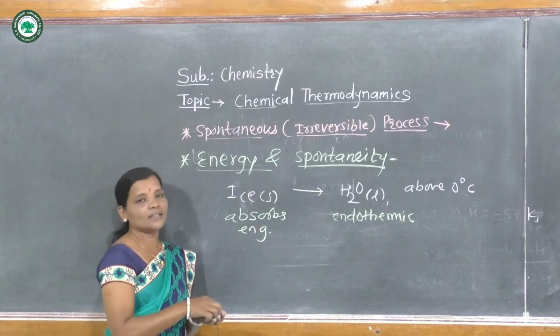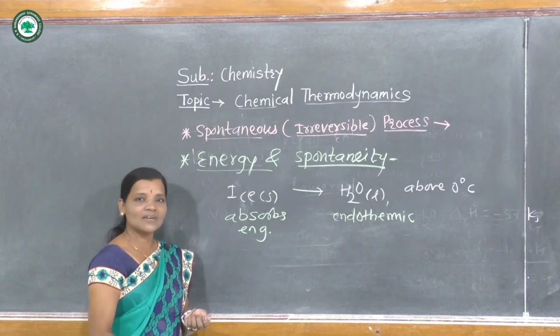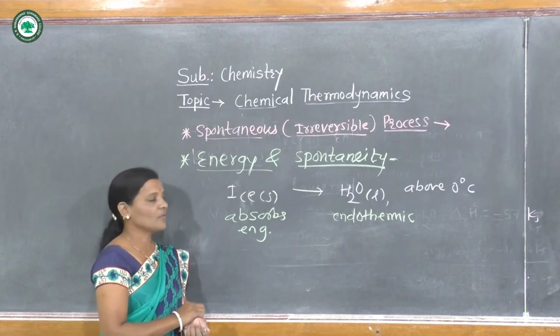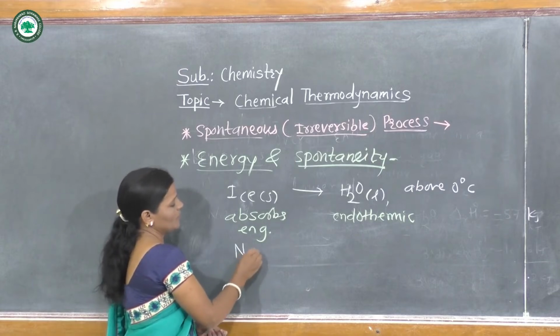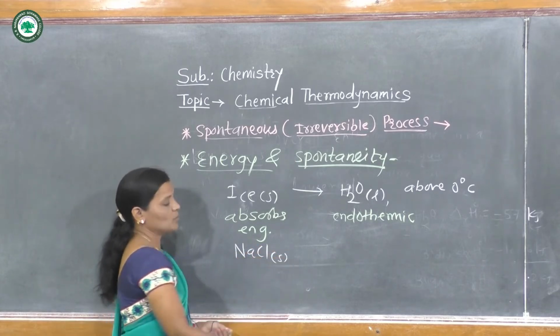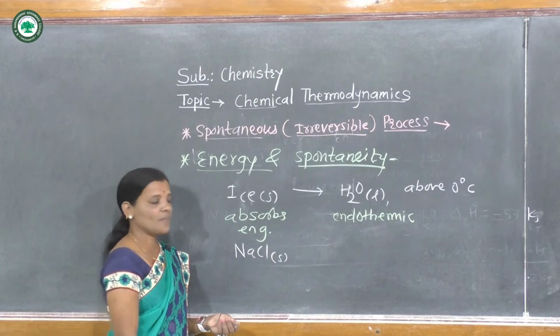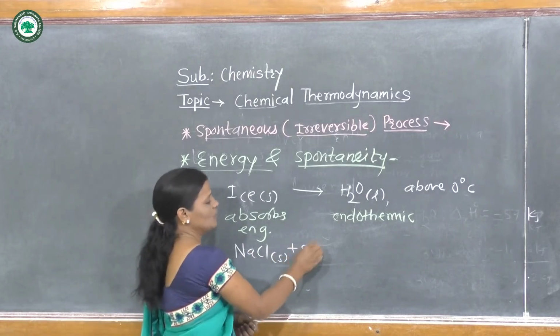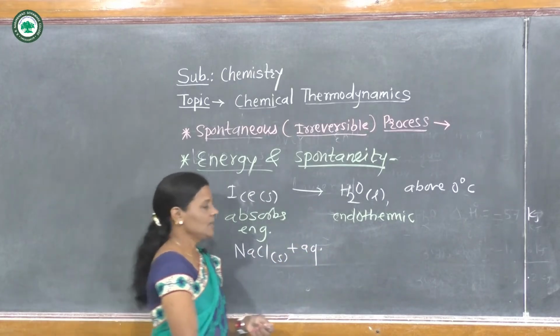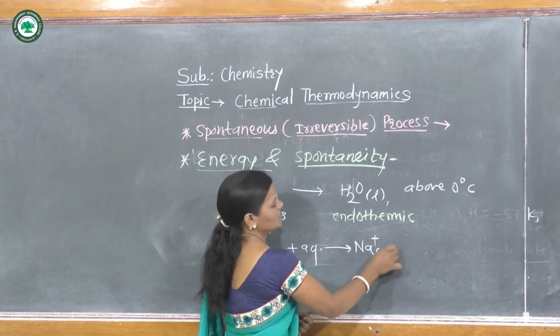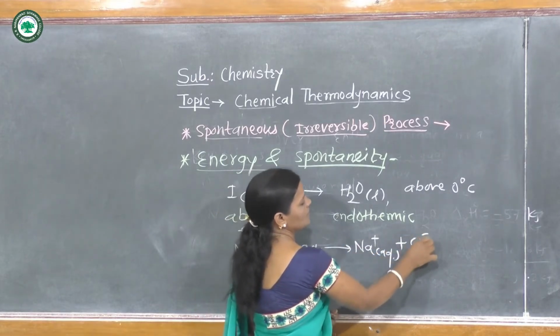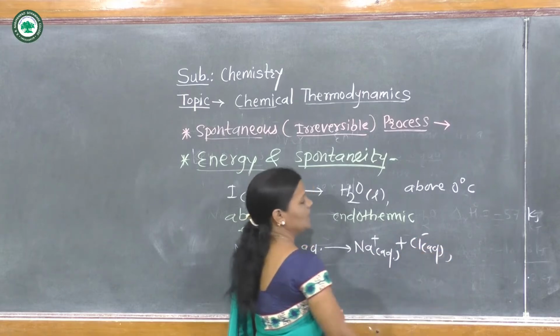Another example that is also a spontaneous reaction is the dissolution of sodium chloride. Sodium chloride is present in the solid state. When it is dissolved in water, it dissociates to form Na plus ion and Cl minus ion.